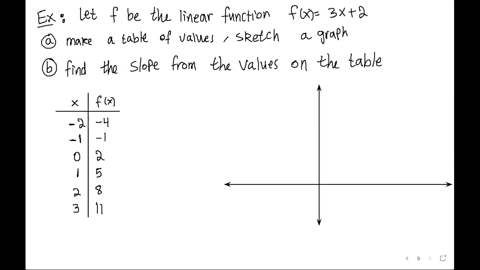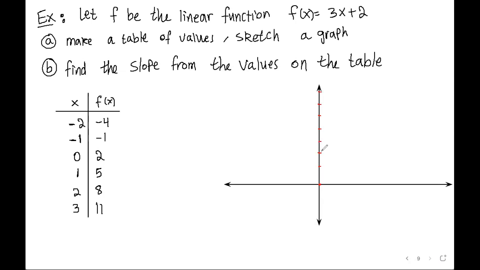Okay, now we plot these points inside the Cartesian plane. At 0 it is 2, so this is the point (0, 2), and (1, 5). So here is like 1, 2, 3, 4, 5, 6, 7.